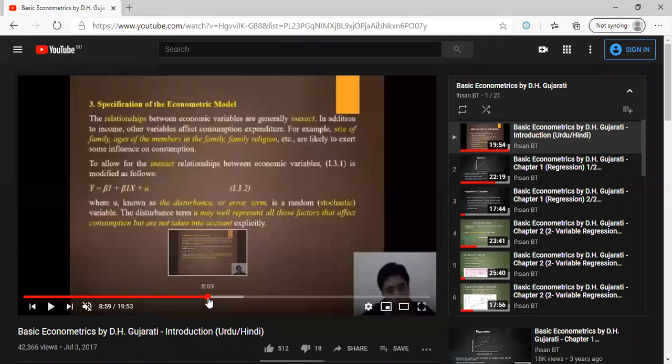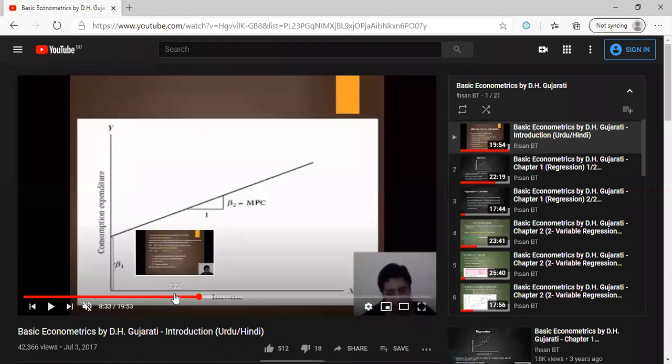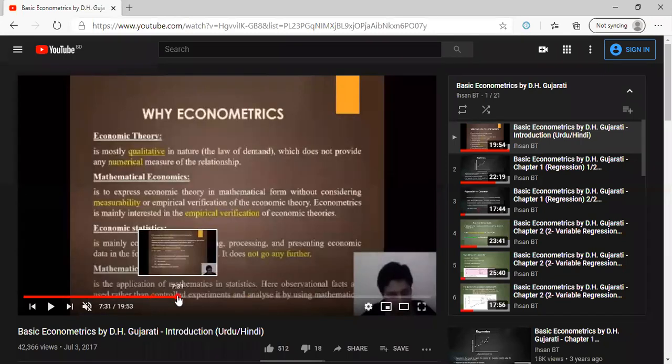Here, you see they're drawing this line. Obviously, if you have to draw this line, you need this intercept. Also, you need the slope. The whole point of econometrics is to find this intercept and this slope. The problem is nobody knows.